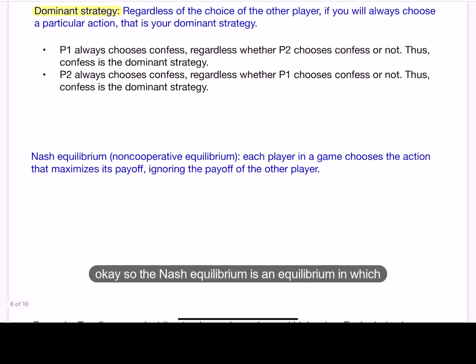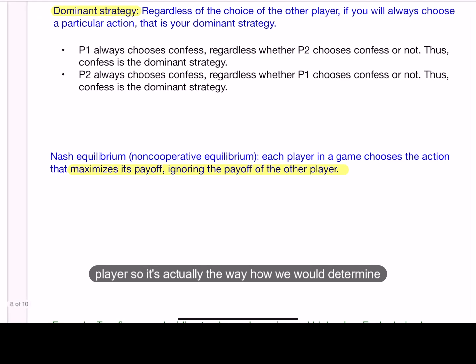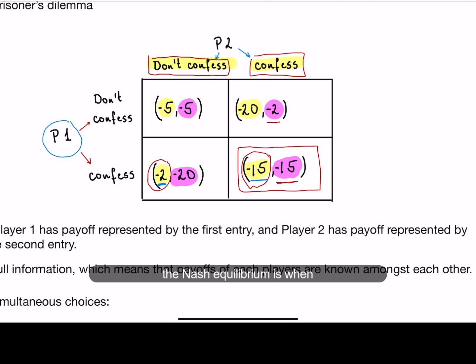Okay, so the Nash equilibrium is an equilibrium in which each player in a game chooses the action that maximizes its payoff, ignoring the payoff of the other player. So essentially the way we would determine the Nash equilibrium is when no other player has an incentive to deviate or to change its mind, and we see that in this payoff matrix, the action of confessing and confessing is the Nash equilibrium.